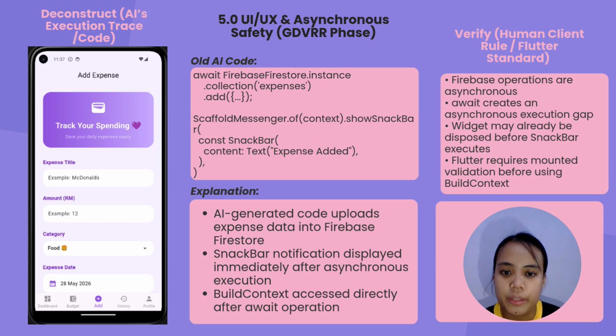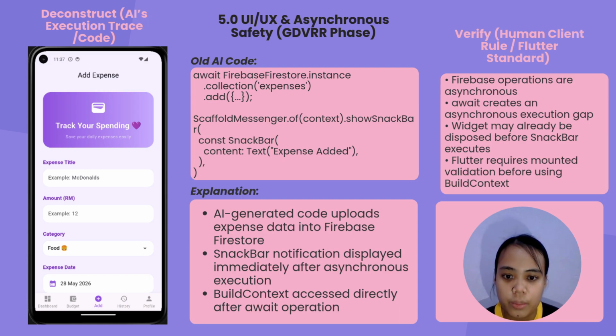So in this project, my role focuses on UI/UX and asynchronous safety. For my GDPR audit, I analyzed the generated code that uploads expense data into Firebase and displays a snackbar notification. The problem is that Firebase operations are asynchronous.